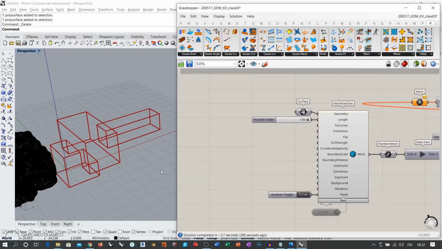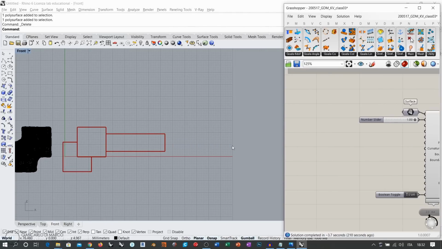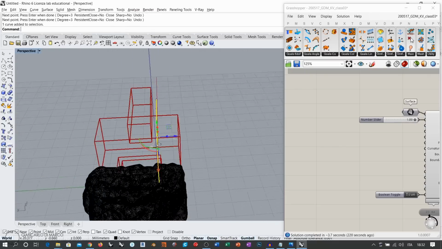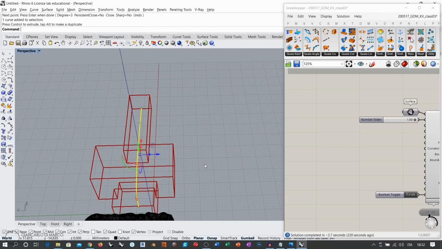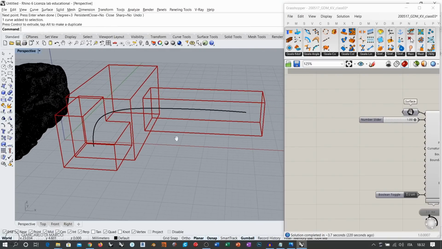Go back to the mesh machine and prepare your expanding object properly. For example, creating a curve like this, and having it inside the volume is already a good starting point.